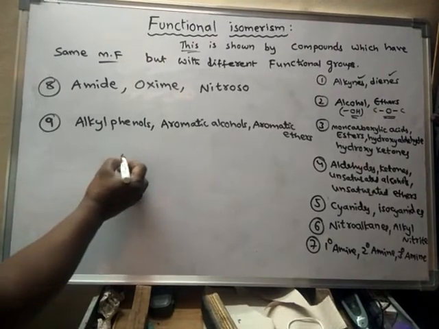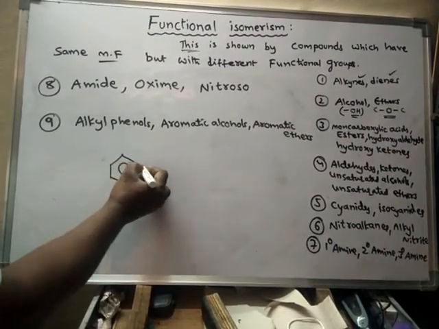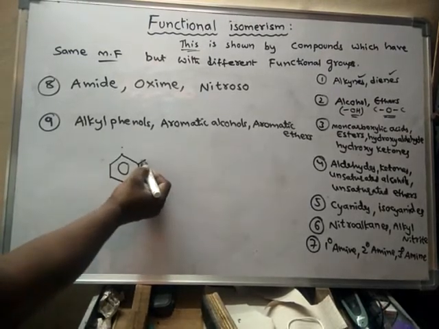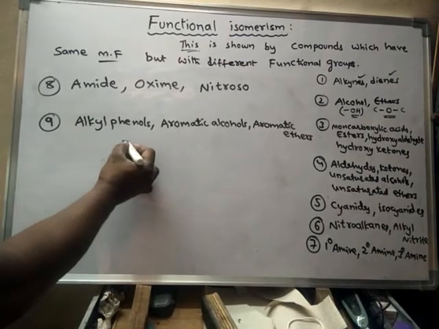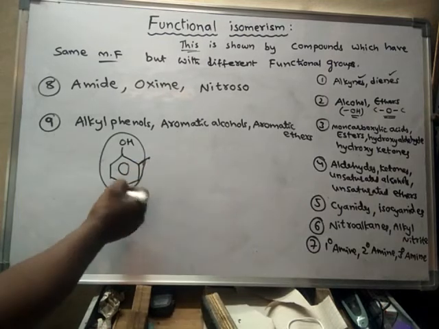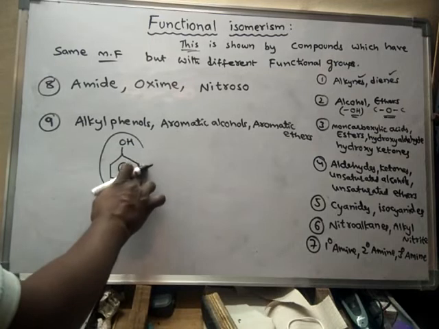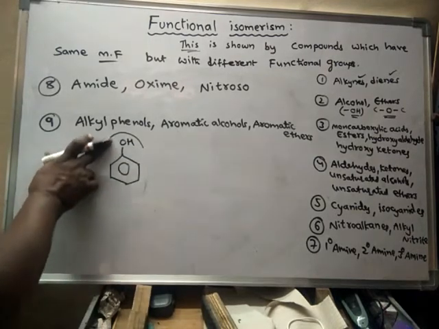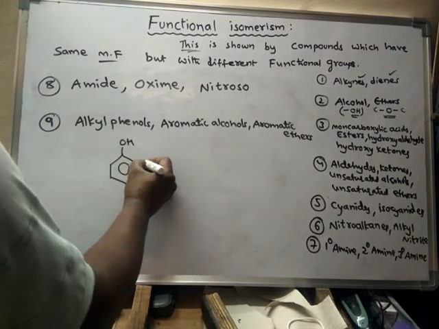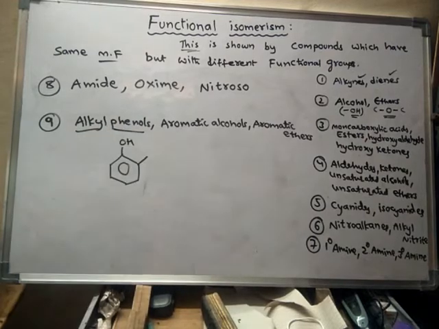For example, here a methyl group is present as a substituent, and an alcohol functional group. So this part is said to be phenol, and to this phenol, an alkyl group is attached. So this is an alkyl phenol.